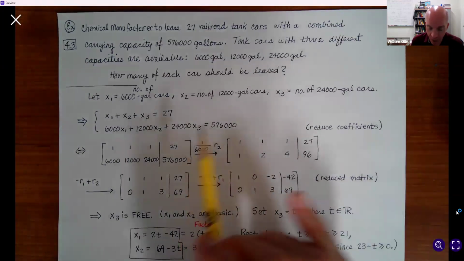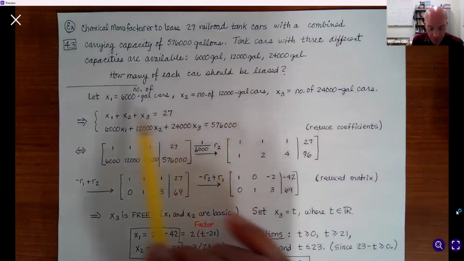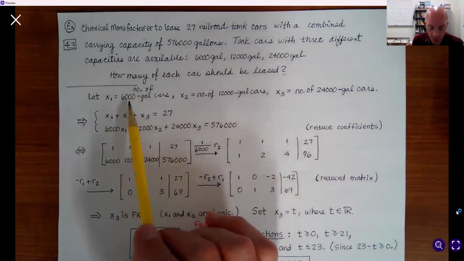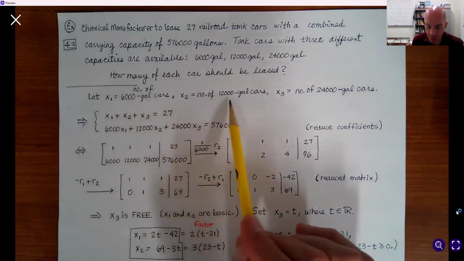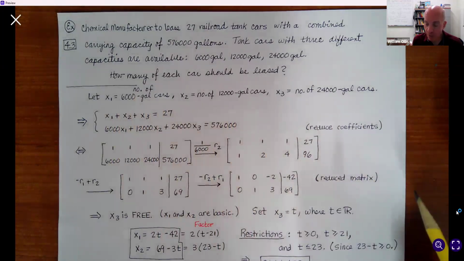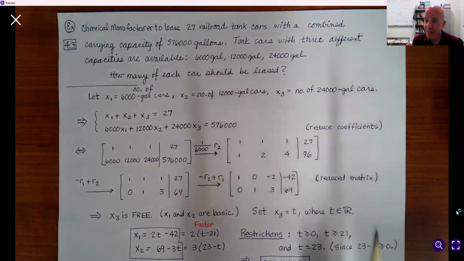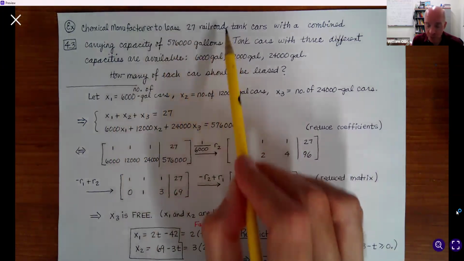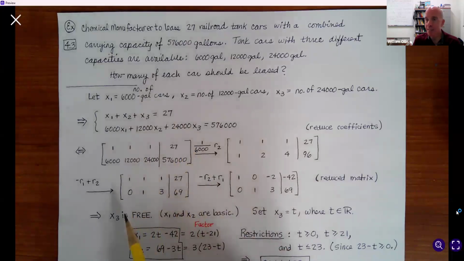So let's just write down the system with the very simple variables here. That is, X1 will be the number of 6,000 gallon cars, X2 will be the number of 12,000 gallon cars, and X3 will be the number of 24,000 gallon cars. So with that said, we can go to the first line and know that the sum of the variables must be 27.